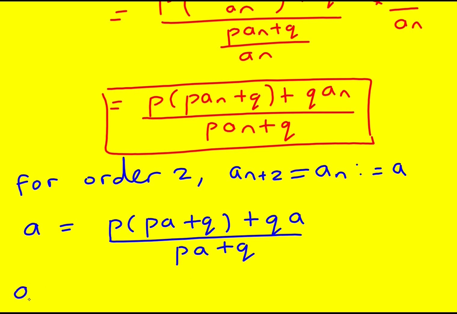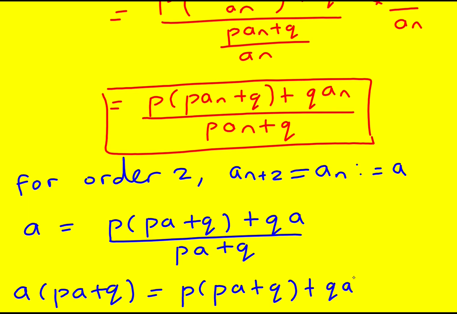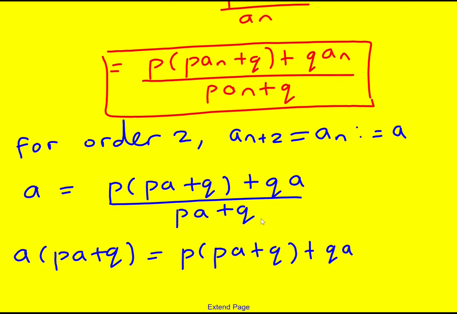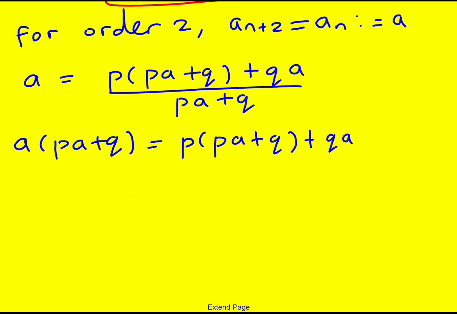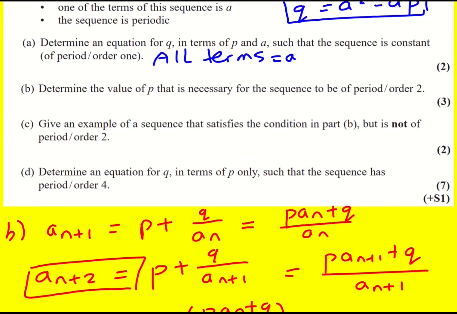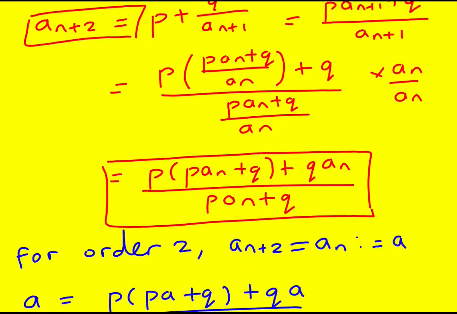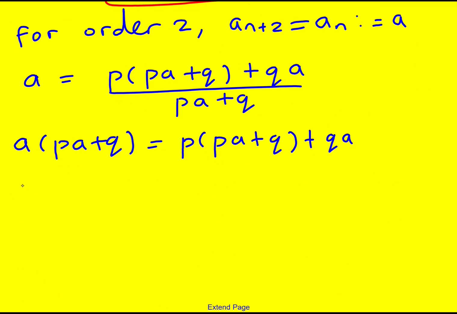Multiply through. Remember, we're trying to get p. Actually I forgot what we're even trying to do. Determine the value of p that's necessary. So multiply this out.